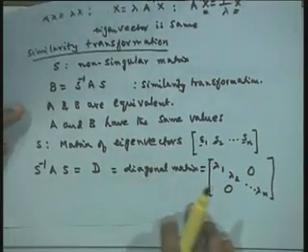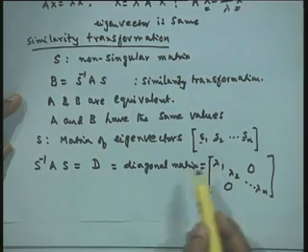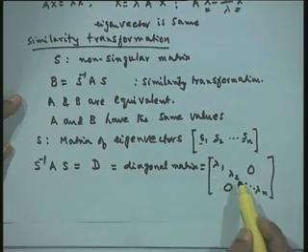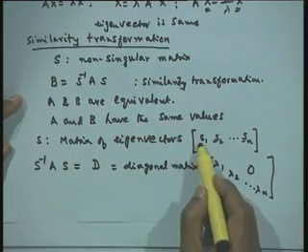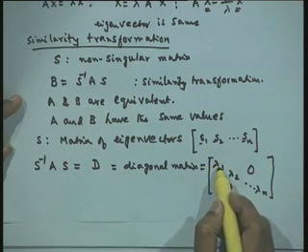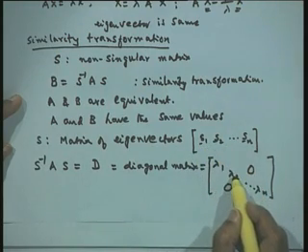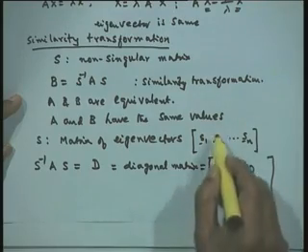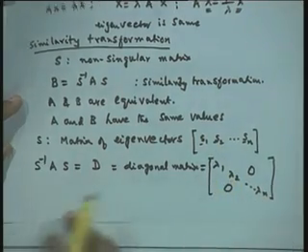Furthermore, in this case there is a one-to-one correspondence between the position of the column and the eigenvalue. What I mean is that S1 is the eigenvector corresponding to lambda 1, S2 is the eigenvector corresponding to lambda 2, Sn is the eigenvector corresponding to lambda n.